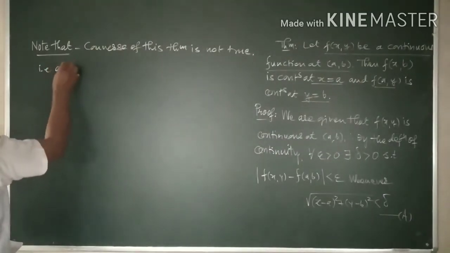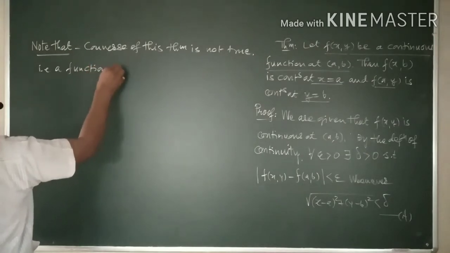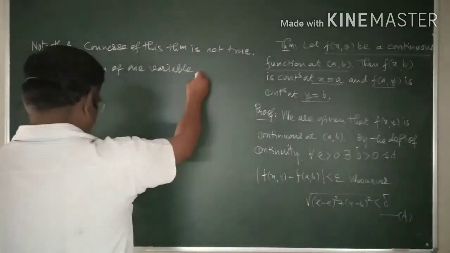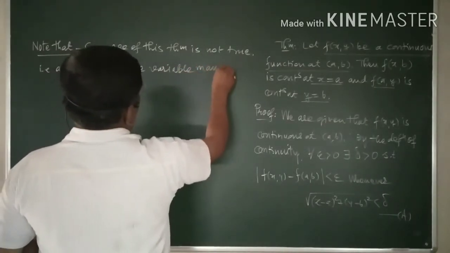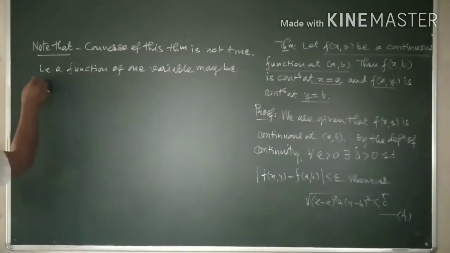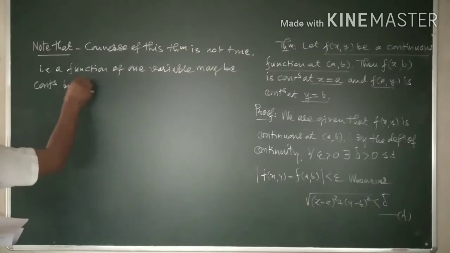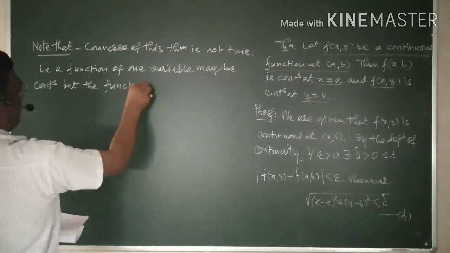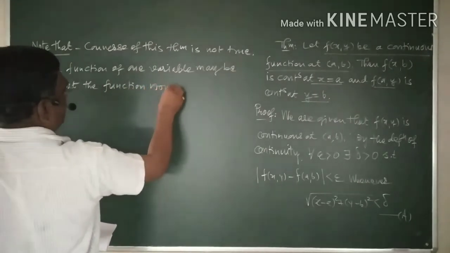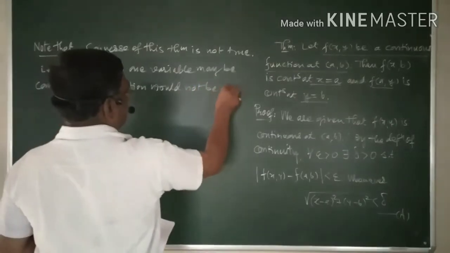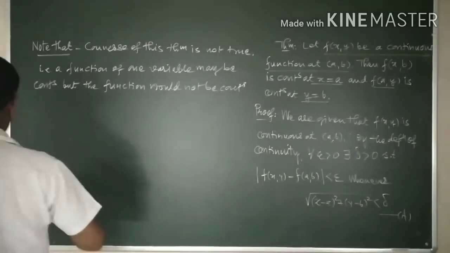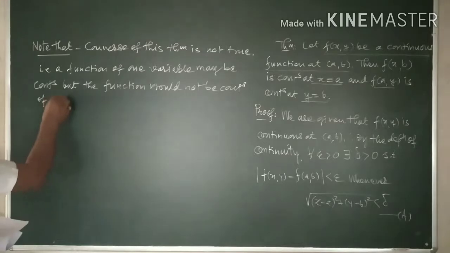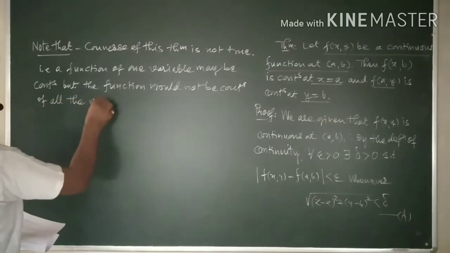That is, a function of one variable may be continuous, but the function would not be continuous in all the variables.